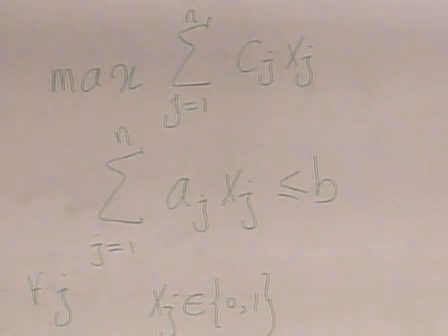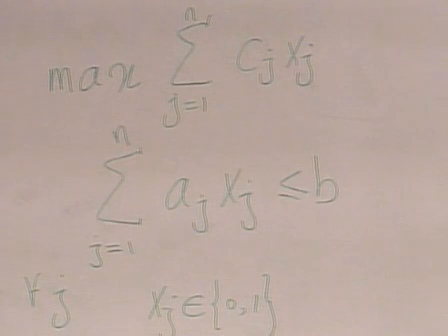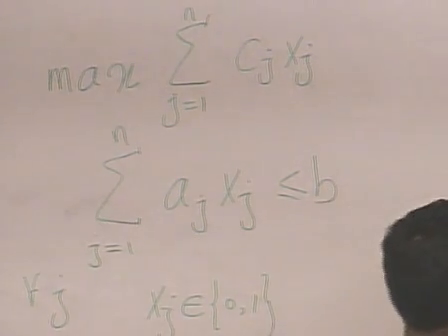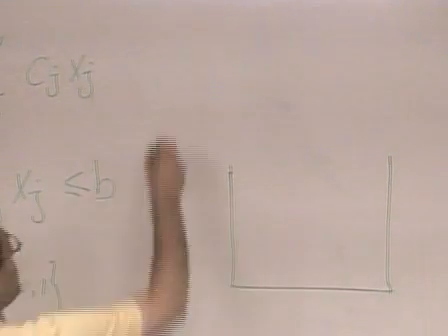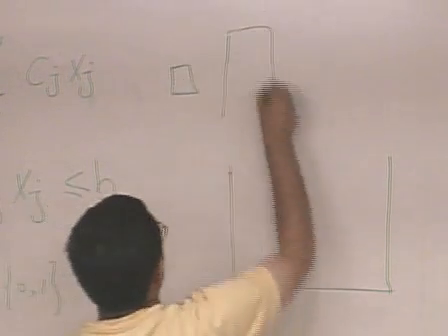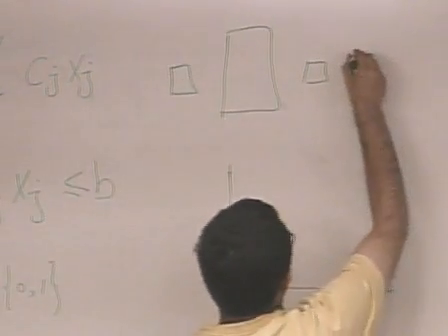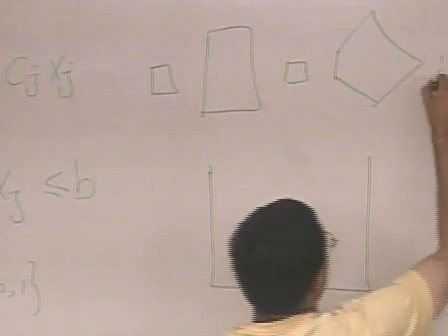Basically, we gave an interpretation to it that we have a knapsack, and obviously it has a capacity, and then you have certain objects of different shapes.